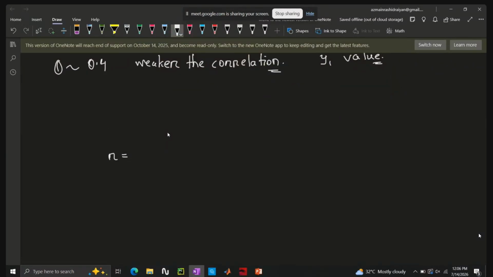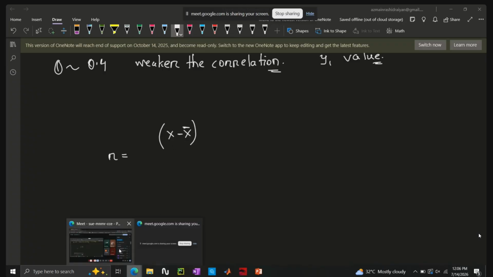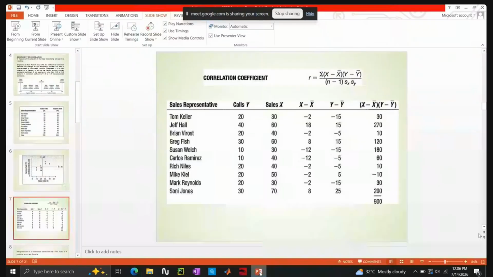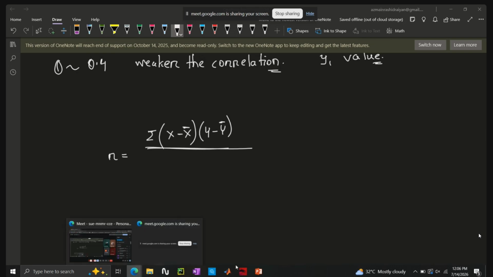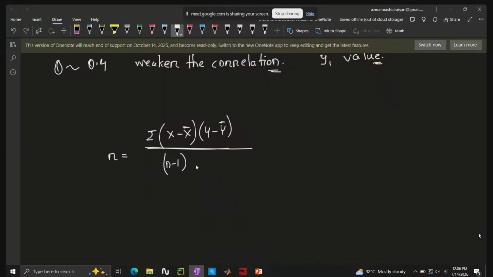R is equal to the summation of X minus X bar into Y minus Y bar, divided by N minus 1 into Sx into Sy.